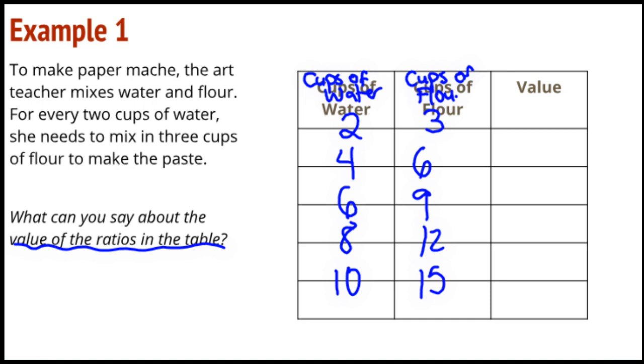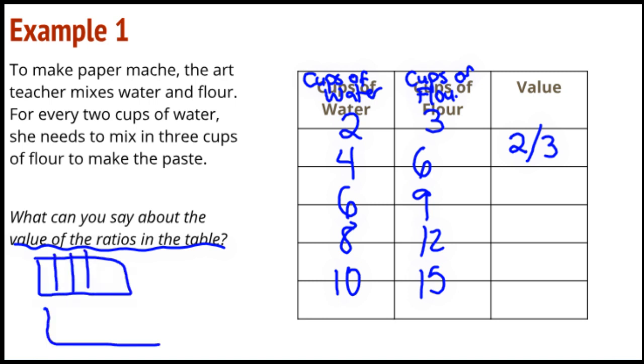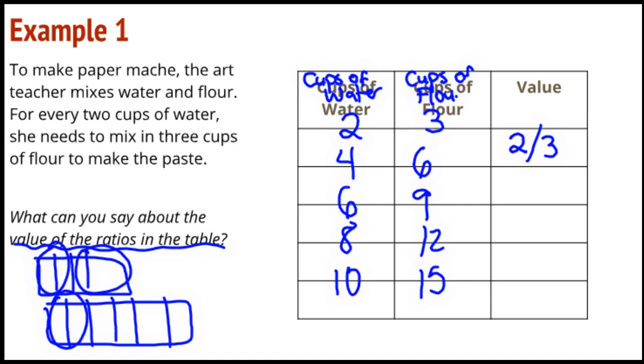So this first one I know has a value of 2 to 3. Now the 4 to 6, I've got the 4, 1, 2, 3, and I've got the 6, 1, 2, 3, 4, 5, and I can put them into the groupings of 2, and that will tell me that the value is 2 to 3.